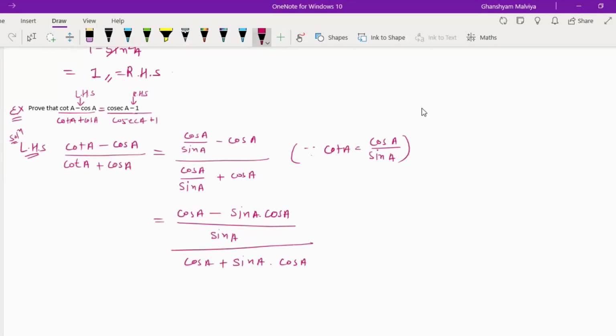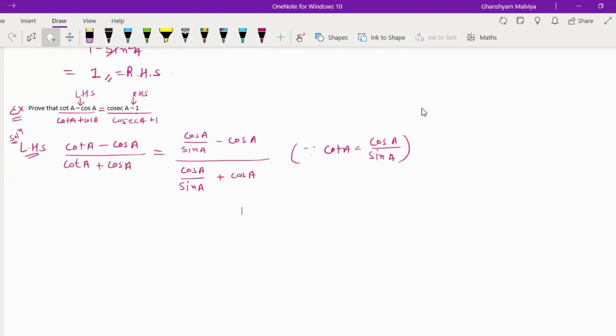If you don't do it this way, because we want cosec A, you can do one thing here. Let me remove this part. Instead of it, you want to find cosec A. If I take cos A as common, then your bracket will be 1 upon sin A minus 1, and in the denominator, taking cos A common, 1 upon sin A plus 1.